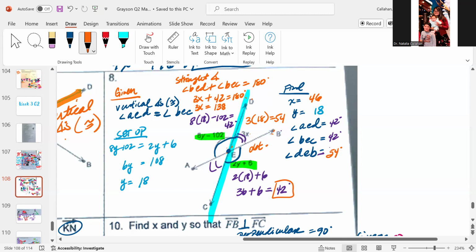3x plus 42. 180 minus 42 divided by 3 is 46. 2 times 46. Or, wait, hold on a second.